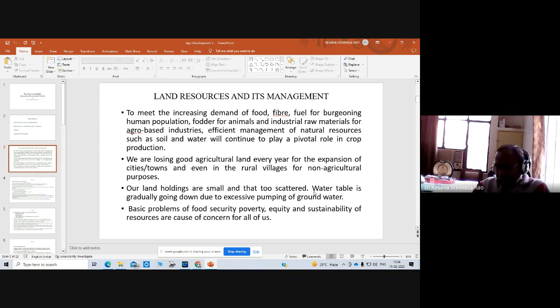Okay. So when we talk about agriculture, first of all, that is the basic need of each and every population growing in each and every country. Food is the basic output of agriculture.